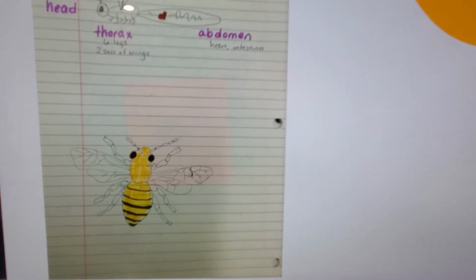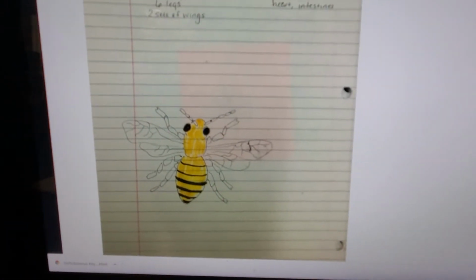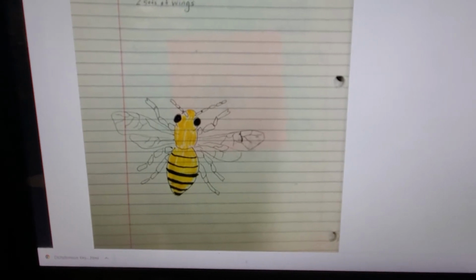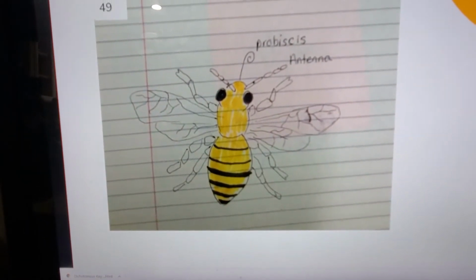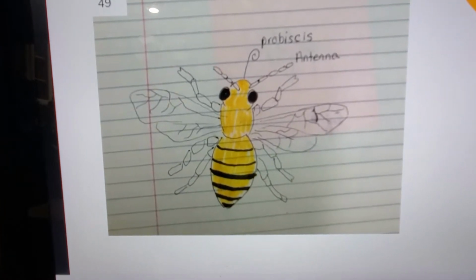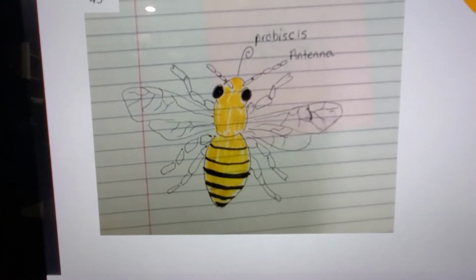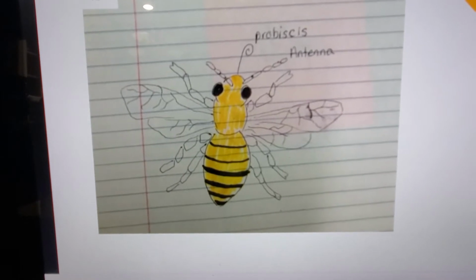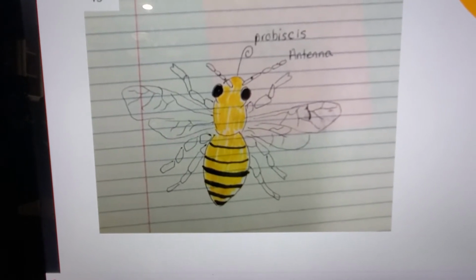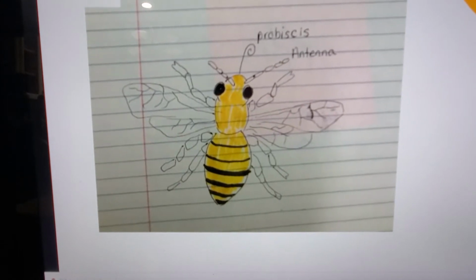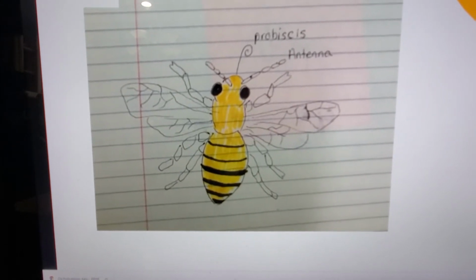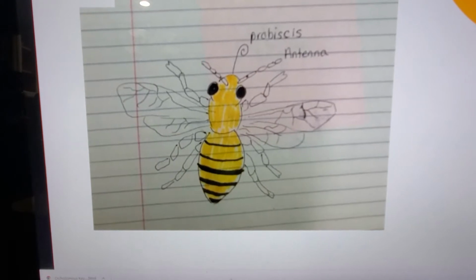The other insect we're going to look at happens to be a honeybee. And there's a couple more parts here that some of the other insects also have. The proboscis is the long kind of tongue extension. Insects usually have 2 antennae on their heads.